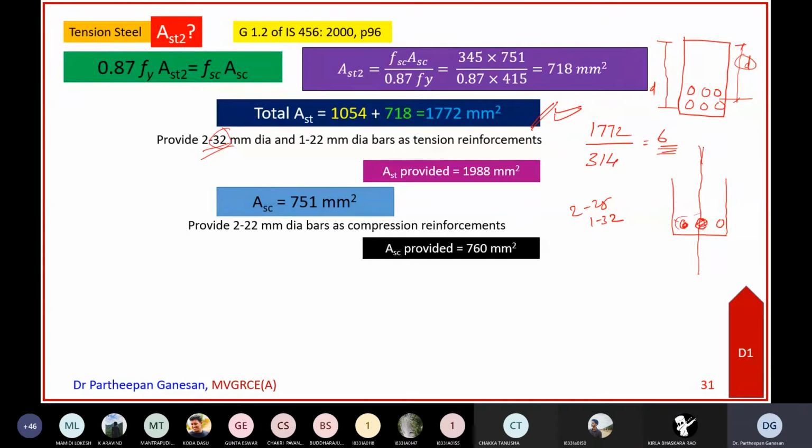Because when you put the stirrups, the middle one can only be tied along one side. But if you have a corner bar, it can be tied along both perpendicular sides. So your stability is more. That is why this kind of thing is avoided in practice. You will have a bigger diameter at corners and smaller diameter in the middle. Is that clear? Okay.